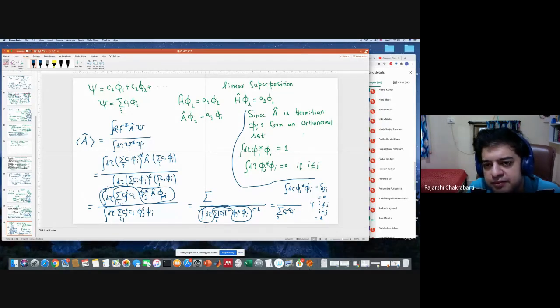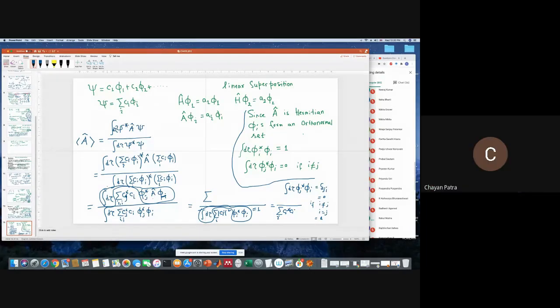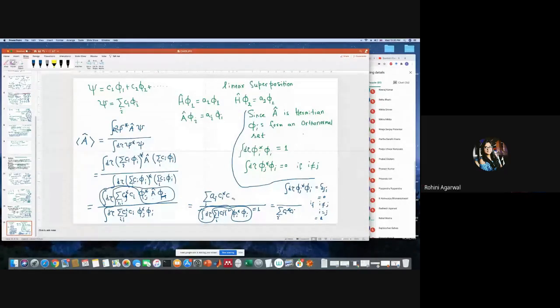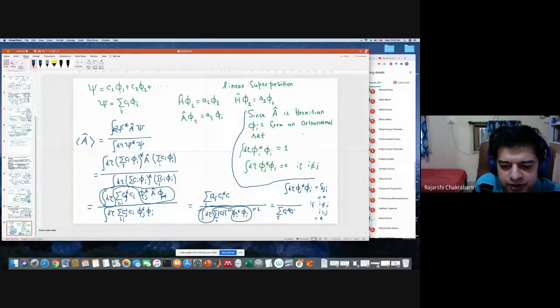What is going to happen here? Can anyone tell me? Sum over ai into mod ci square. Mod ci square, or Ci star Ci, it's the same thing, I'm just writing more precisely. Essentially, what you have is ai into mod ci square.